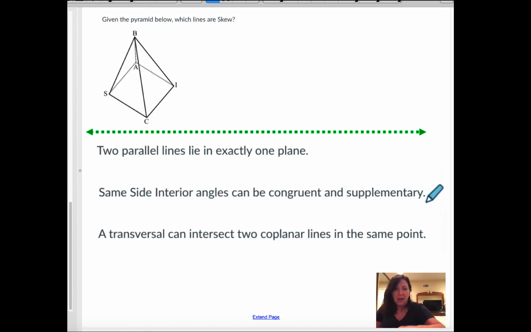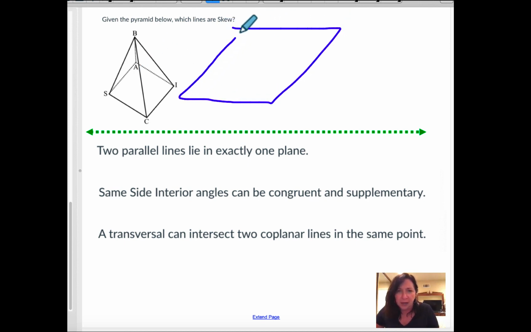This one is given the pyramid below, which lines are skew. So just name a couple of skew lines. Remember, skew lines are lines that are not in a plane.